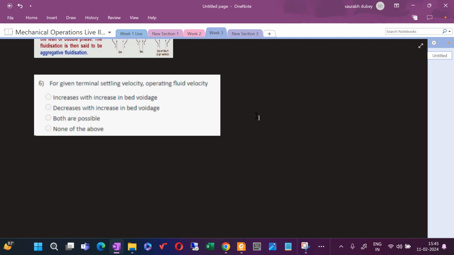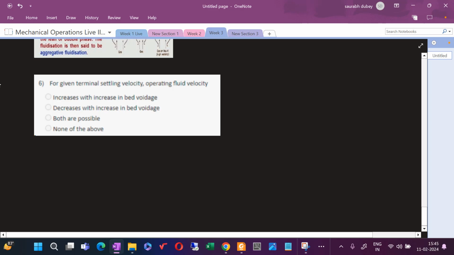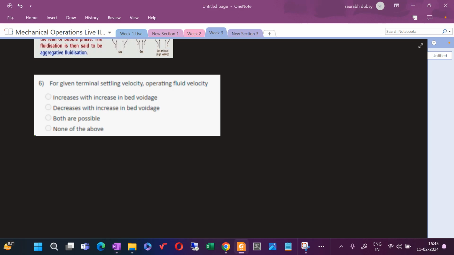So for the given terminal settling velocity and operating fluid velocity, increase in the bed, decrease in the bed, and then this operating velocity, what will happen to this?